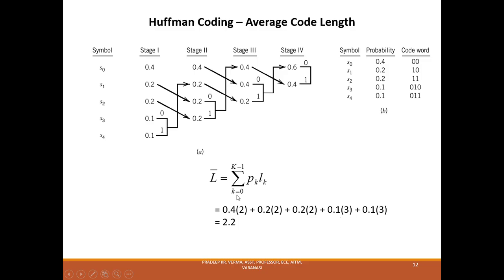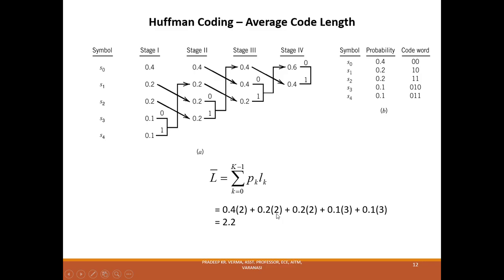When we put k equal to 0, it will be p0 into l0. P0 is nothing but 0.4 and l0 is 2, that is 2 bits for S0. Then if we put k equal to 1, it will come as p1 l1. So p1 is 0.2 and l1 is again 2 bits.